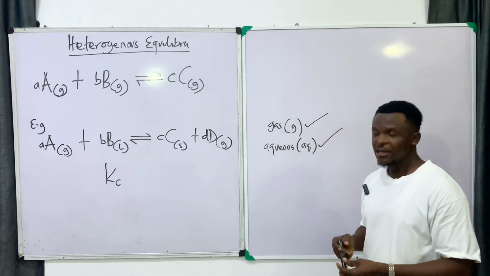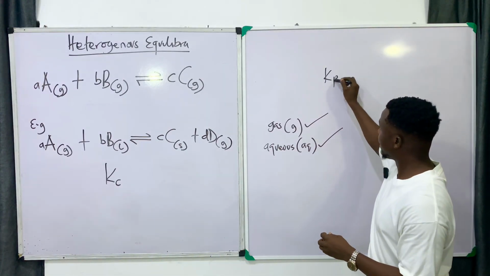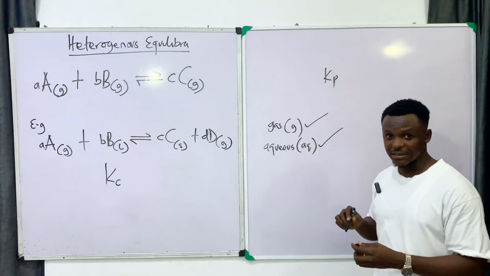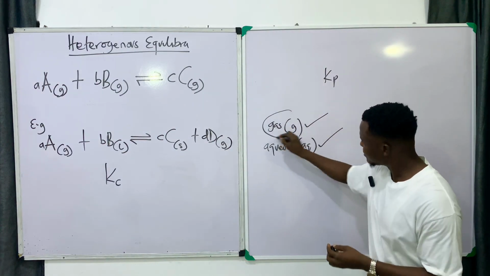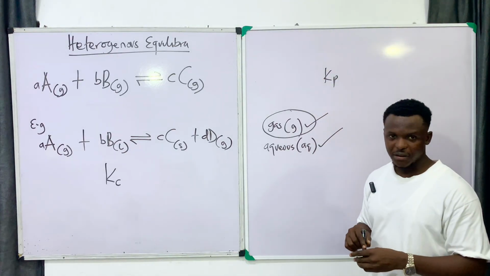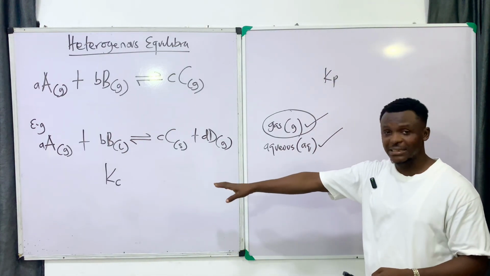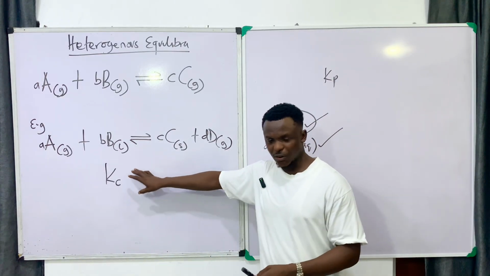You understand? Now for Kp, remember Kp is the partial pressure equilibrium constant. If you're writing Kp, it's mostly gases that are allowed to be written. But whenever you're writing Kc, gas or aqueous are allowed to be shown.